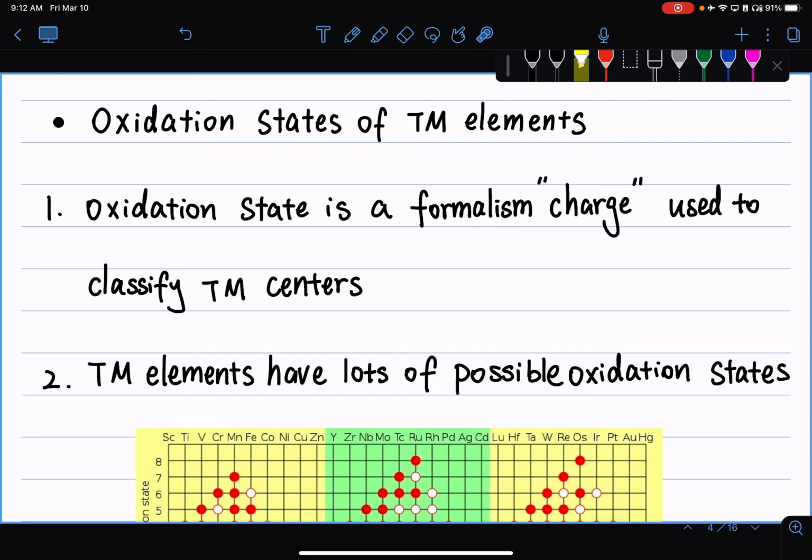Transition metal complexes are special primarily because they have so many different oxidation states. If we're looking at the main group elements, say oxygen or fluorine, you can pretty much guess what the oxidation state for that element is. But for transition metals, these oxidation states or the formal charge have so many different choices.